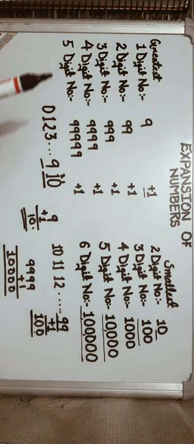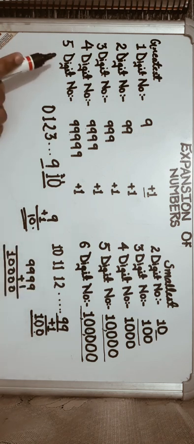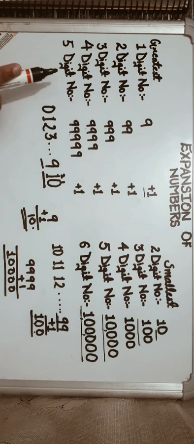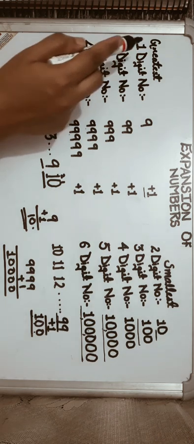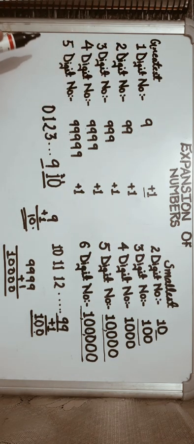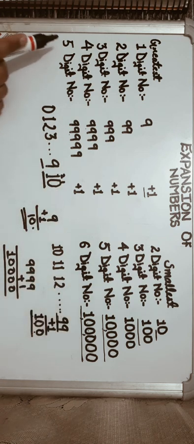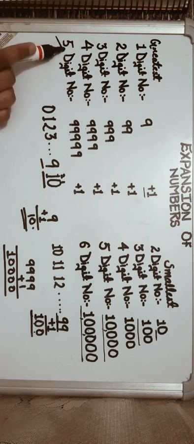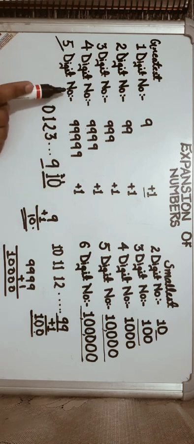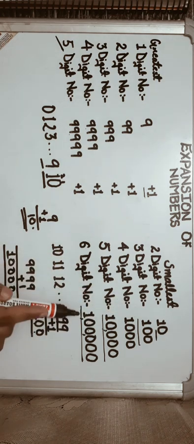So the concept behind this topic is, if you add 1 to the greatest digit number of any 1, 2, 3, 4, 5 digits, you get the smallest next digit number. If you add 1 to a 5 digit number, you will get the smallest 6 digit number.